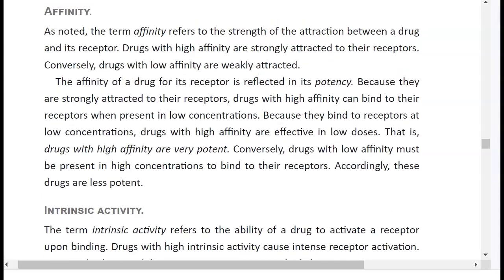So drugs with high affinity are very potent. They're very strongly attracted. They bind very quickly. They find each other through all sorts of traffic, and they bind firmly, snugly, and securely. Low affinity drugs have a harder time finding each other. Their pull towards each other, their magnetism, is maybe not the same.